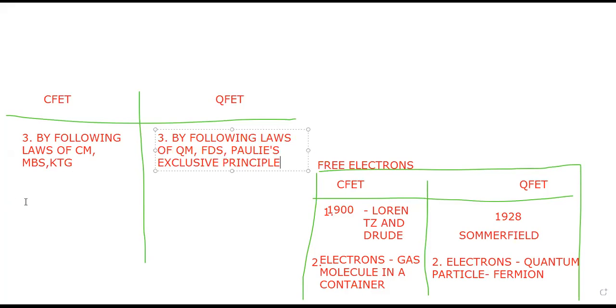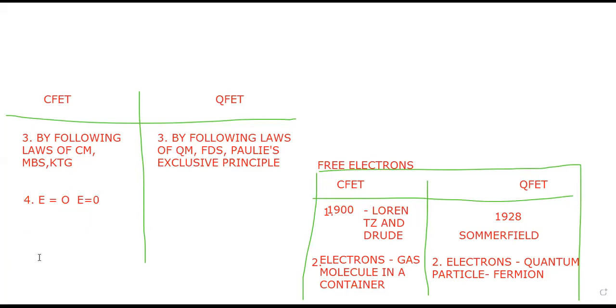Next, through this theory we study the behavior of electrons in the absence of an external electric field, that means E is equal to 0. Next, in the presence of a field, that means E is not equal to 0.